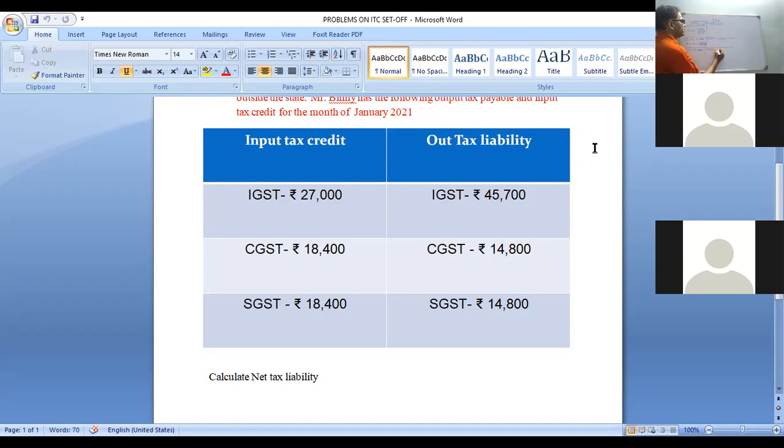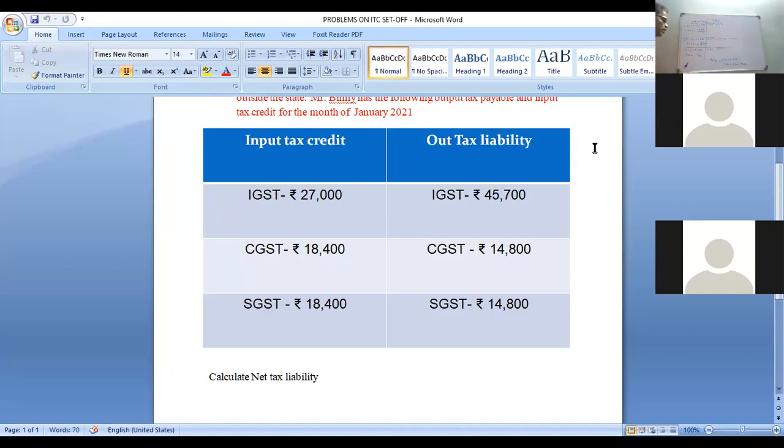SGST input tax is 18,400, and you still have a balance left in your ITC, 3,600. So the total balance left with you, CGST plus SGST, 3,600 plus 3,600, is 7,200. This is the due, the IGST amount of 18,700 that you have to pay.